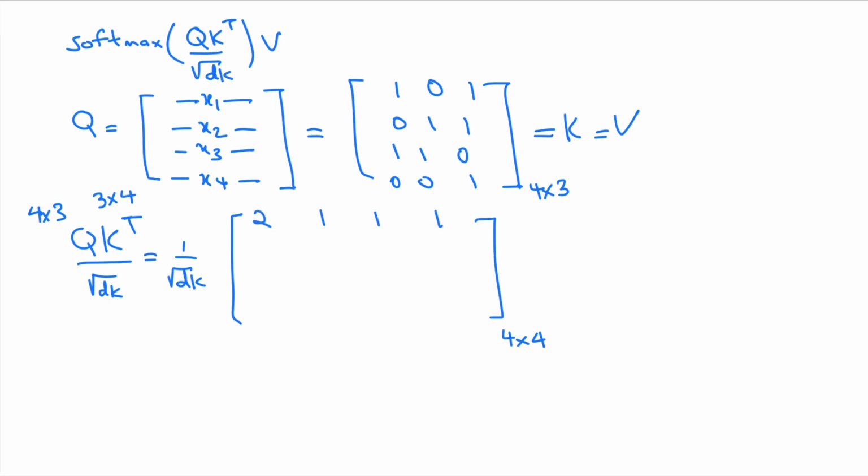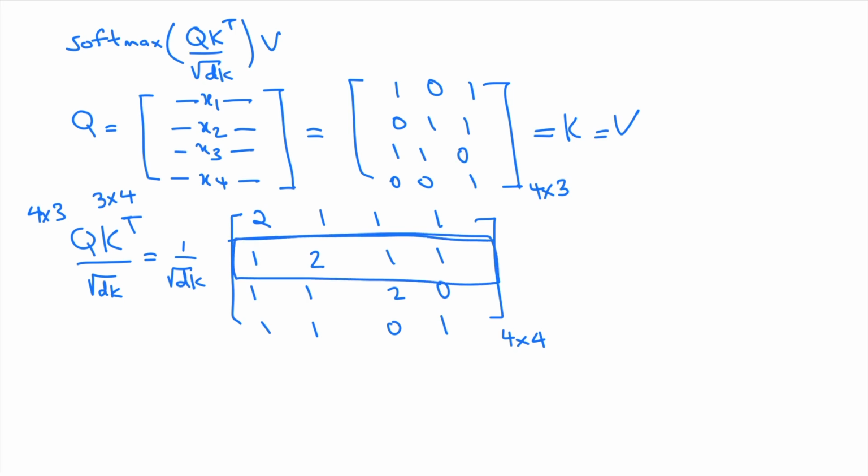And in this case, since we have 4 tokens and each one is three-dimensional, Q is a 4x3 matrix. And if we transpose this, as we have here, QK transpose, the transpose is 3x4. So this means that overall we get a 4x4 matrix, which includes all those dot products that we're looking for. And for token 2, that's in the second row.